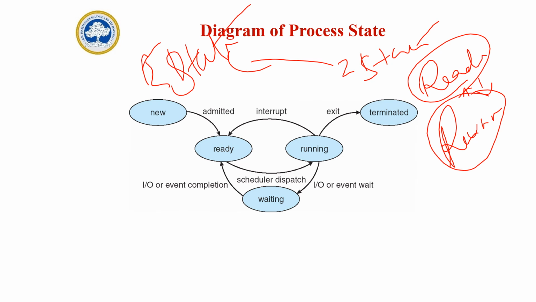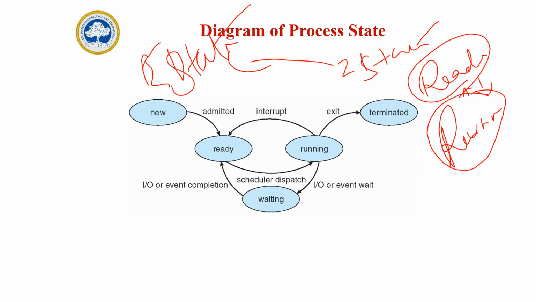Okay, so here we get clarity on how the process moves from one state to another state, and it also shows why the process moves to the waiting state. But in this case, one major drawback is that the process will be allocated in the main memory.